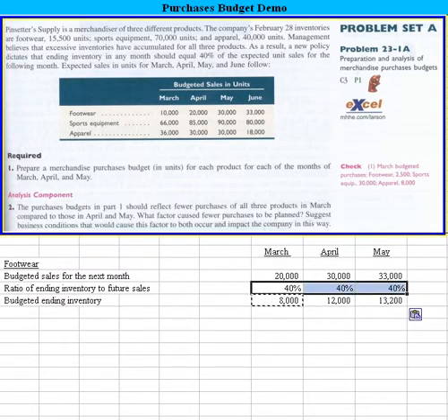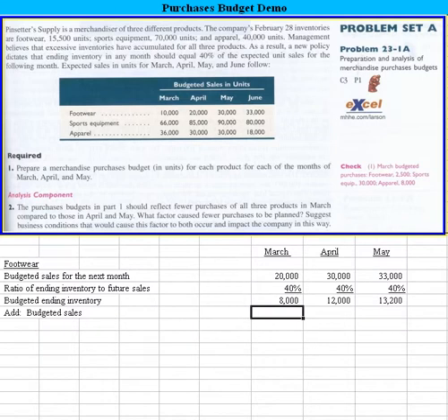Okay. Then we should add the budgeted sales. Okay, so now we had budgeted sales of March of 10,000. You're going to add it for the month you're in, for April of 20.